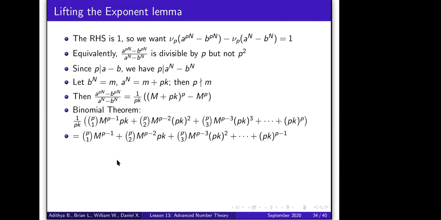So now we want to first argue that it's divisible by P. Why is this divisible by P? Can someone argue why this expression would be divisible by P?